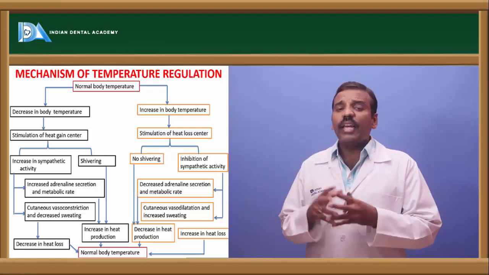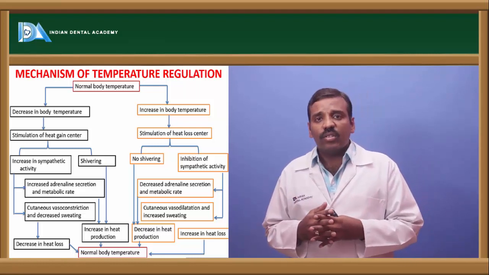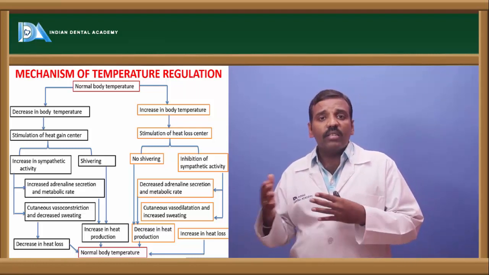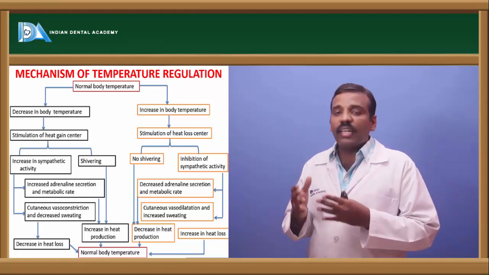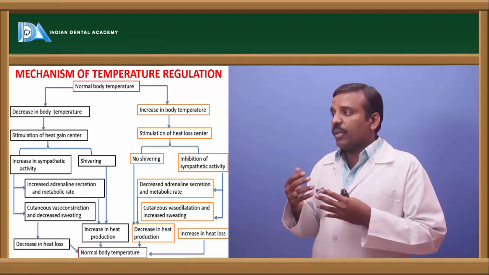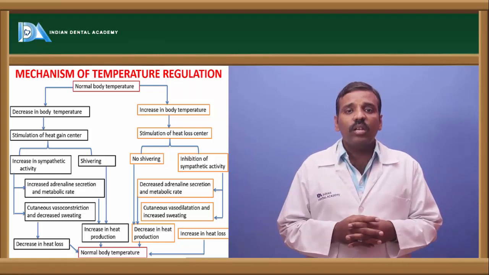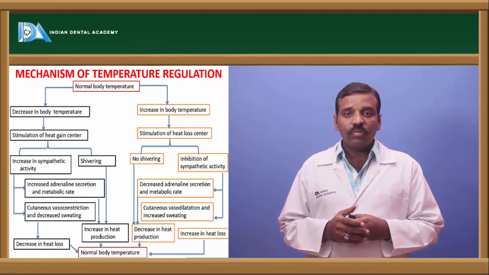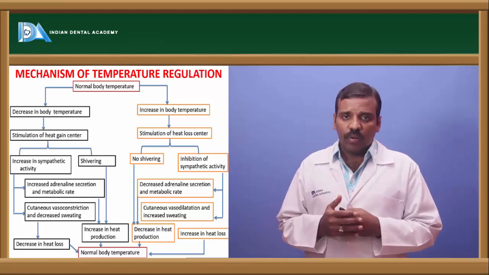By that there is decreased adrenaline secretion and metabolic rate, cutaneous vasodilatation occurs, and sweating is increased. Immediately there is an increase in heat loss, and the body comes to normal temperature. This is the mechanism for heat gain and heat loss.